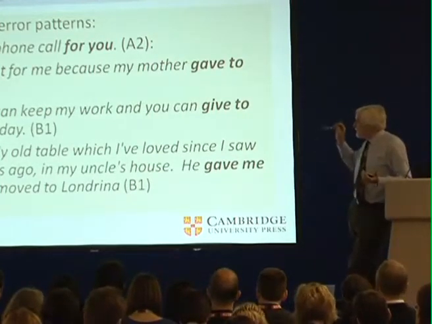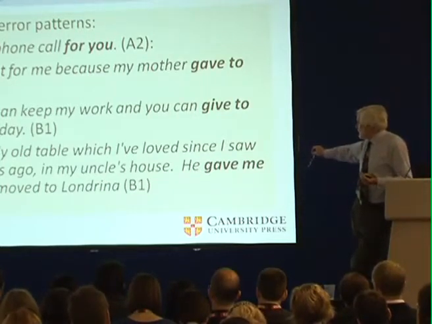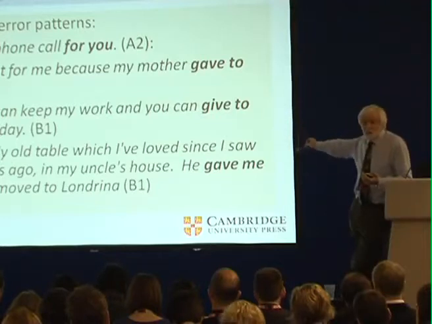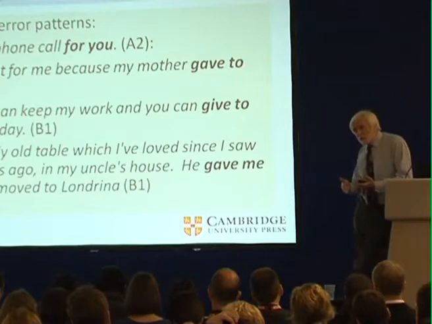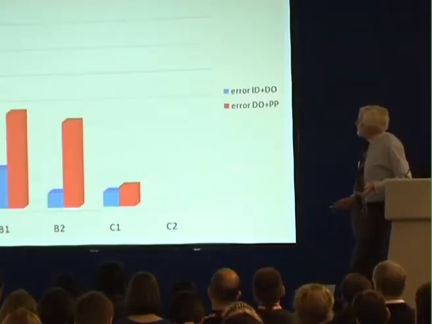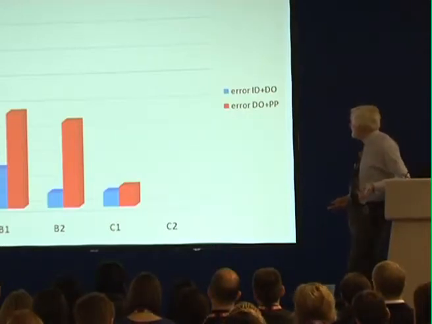But by and large, by the time you get up to, as I said earlier, up to C1, you've managed the direct object, indirect object pattern, but there are residual problems with prepositions. If we go on to another verb, this is the verb send, which operates in a similar way.